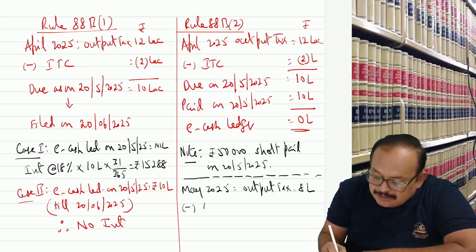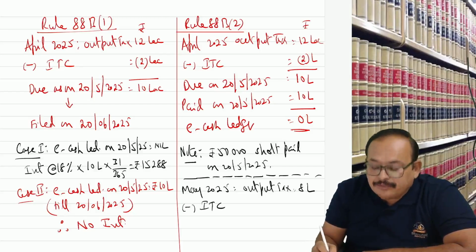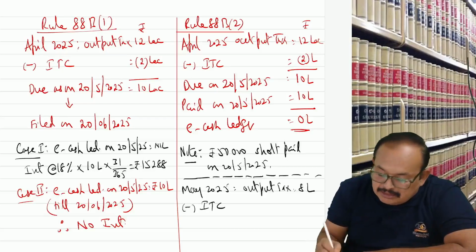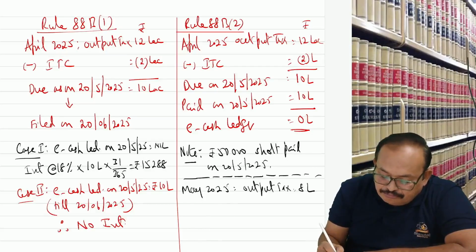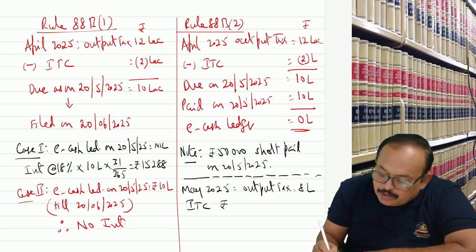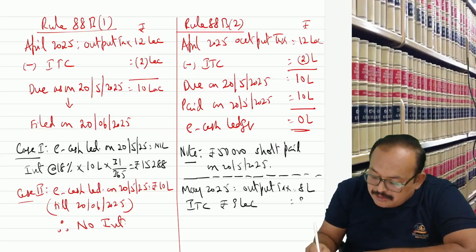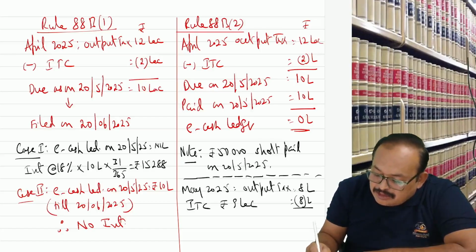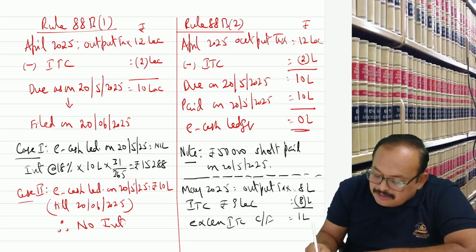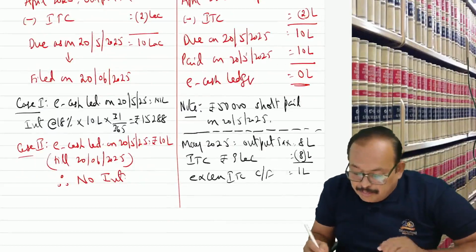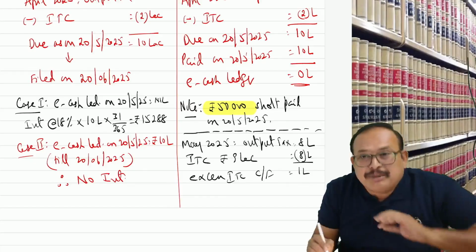Let's say ITC I have, I will say like this, yes, ITC rupees 9 lakhs. So excess ITC carry forward how much? 1 lakh. Now this month, the amount short paid in the previous month.